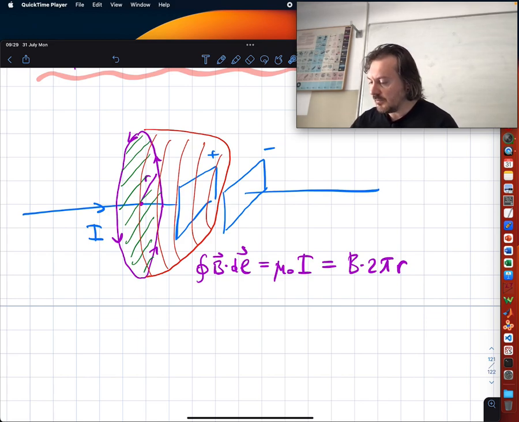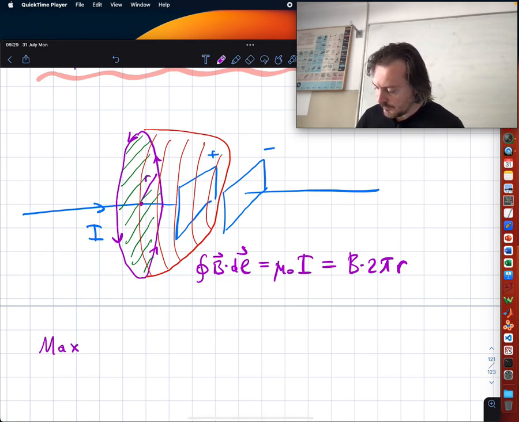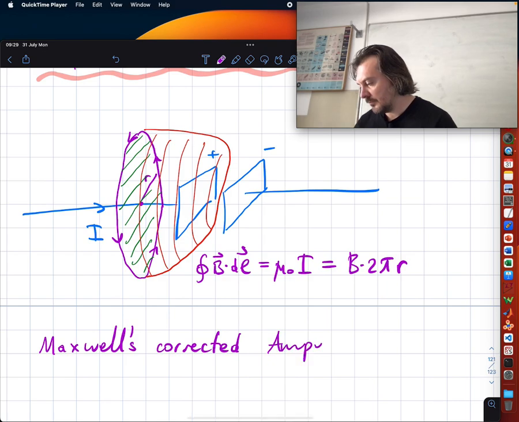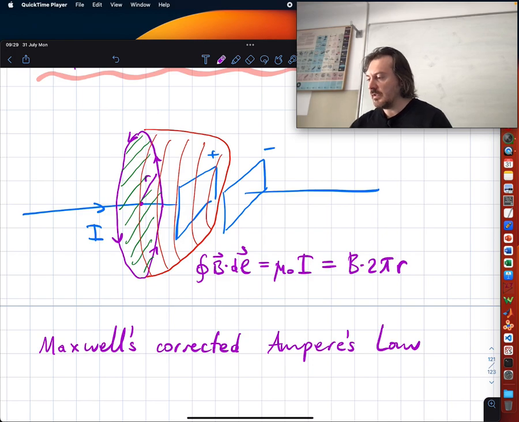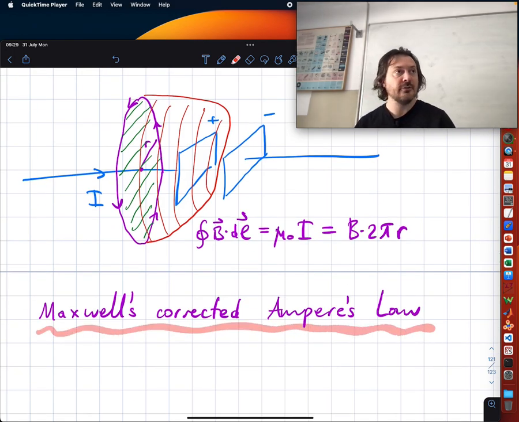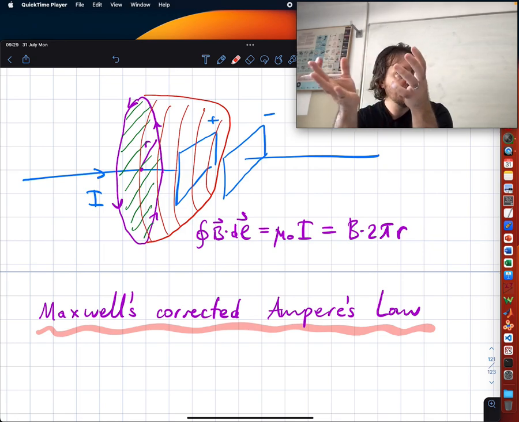That brings us to Maxwell's corrected Ampere's law. This is the thing that I talked to you about right in the first lecture, the thing that Maxwell brought to electromagnetism, some sort of symmetry.